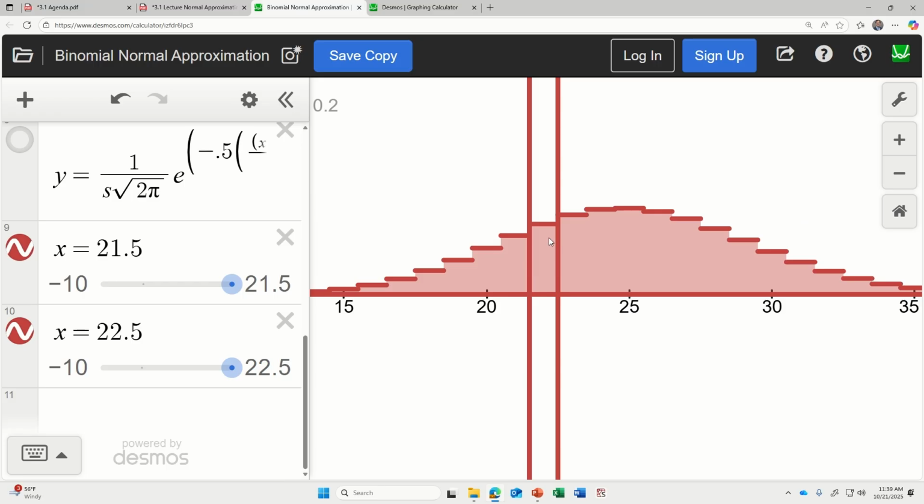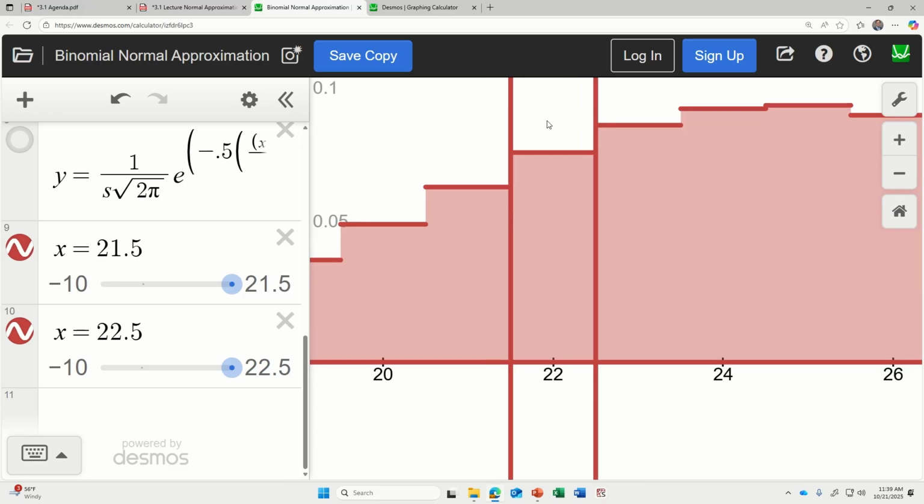So in red, my binomial distribution, if I want exactly the probability of getting a 22, then that would be the area of this rectangle, okay?